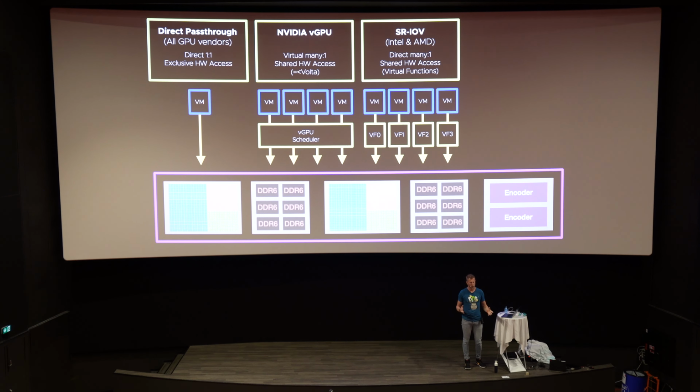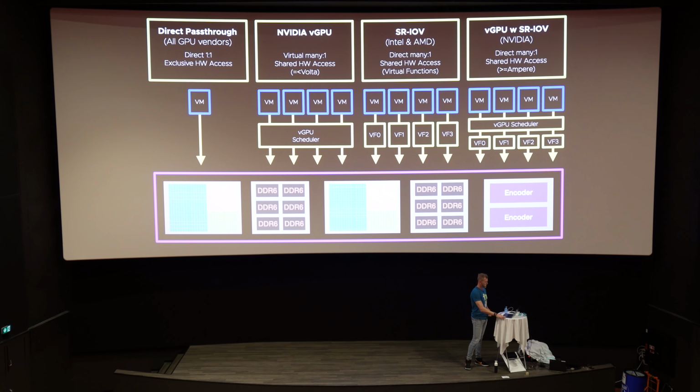In the telco space, it's quite normal to use SR-IOV to virtualize access to a network card. Intel does the same with their GPU offerings. And finally, I haven't found a use case yet, but NVIDIA, since the latest architecture, now also supports SR-IOV in combination with virtual GPU. So you get, basically, they think the best of both worlds.